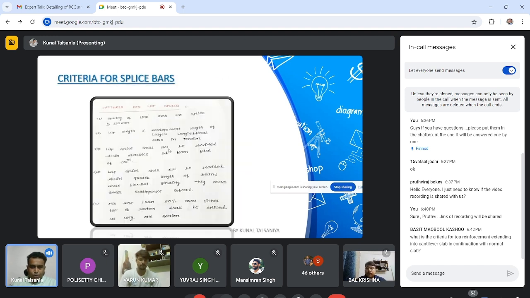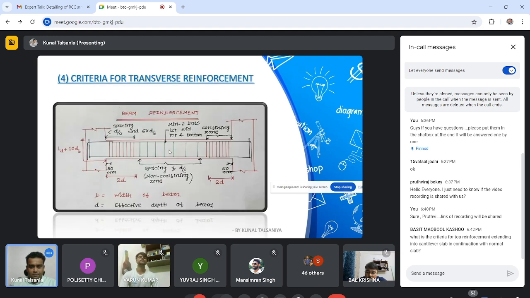I will show you the ideal location for splice. This is the confining zone, this is the non-confining zone, this is the confining zone. You can see that in confining zone we will not provide the splice.